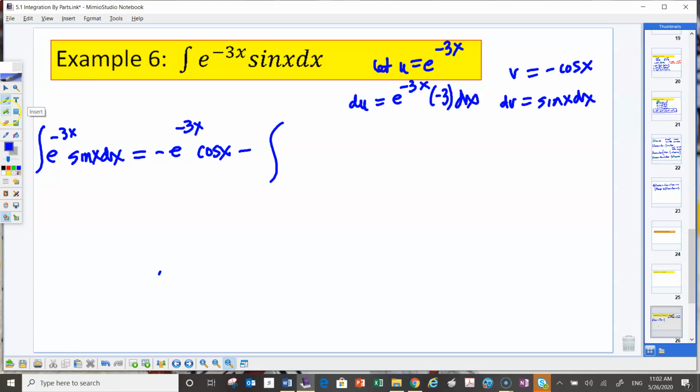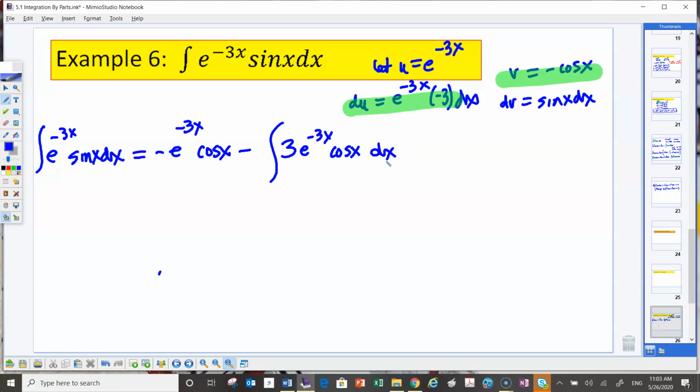If you multiply v and du together, you have a negative 3 times a negative cos, so that's going to become a positive 3, and then I'm going to have a cos x times e to the negative 3x dx.